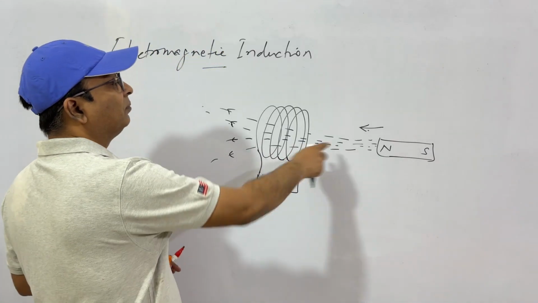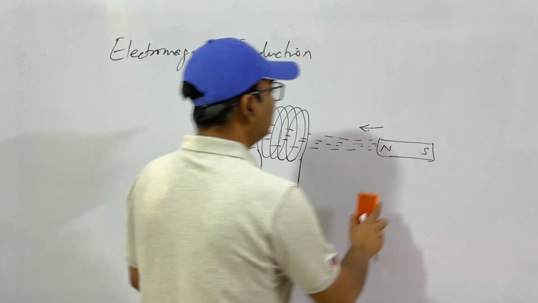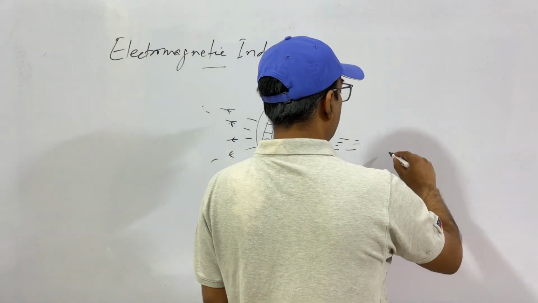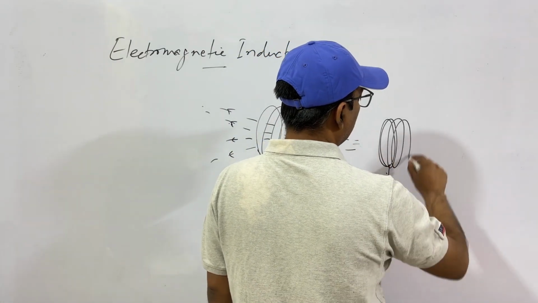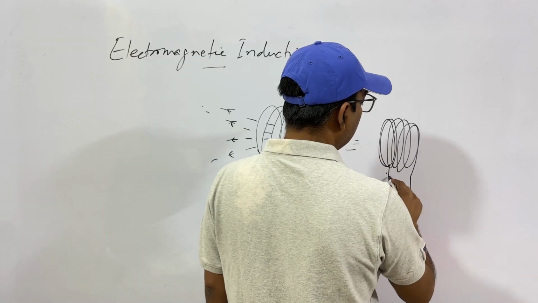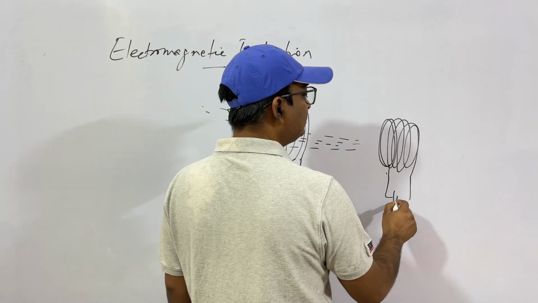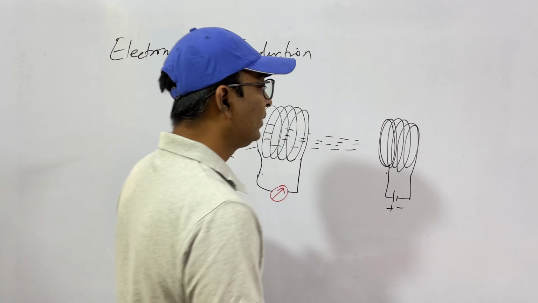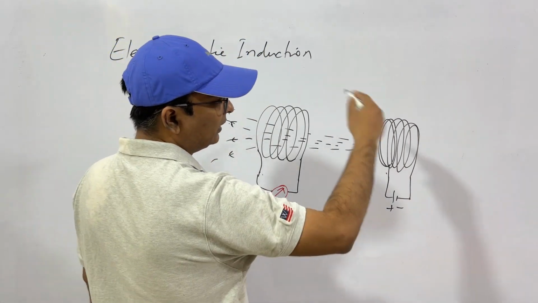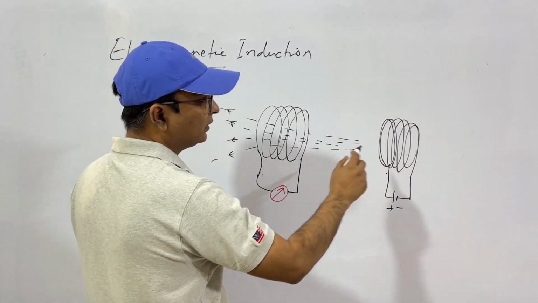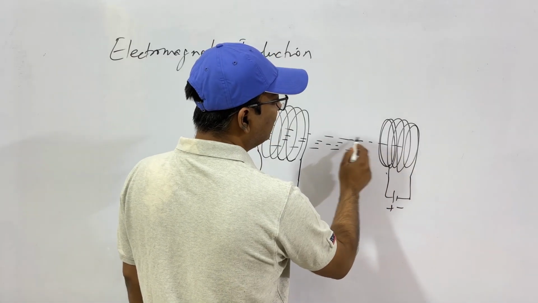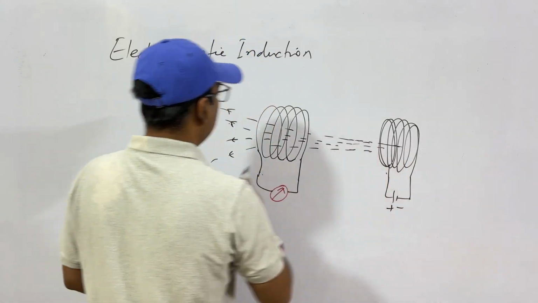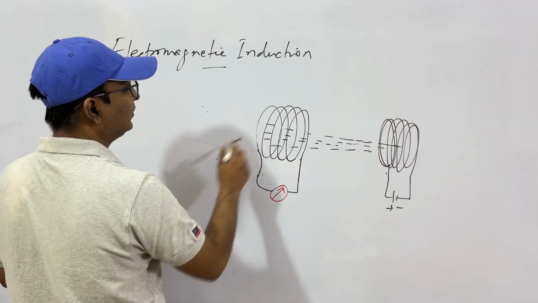So this is the magnetic field due to the magnet. Second, let's say you have another coil and you have connected it to a battery. Once current starts to flow in this coil, you have a magnetic field. It will be like this.